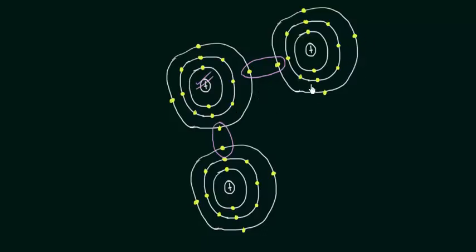We don't have to see for these 2 atoms. We will see for this atom. We will try to have 8 electrons in the outermost orbit of this atom only for now. And you can see we have 1, 2, 3. This electron is shared. 4, 5, 6. Okay, so we have 6 electrons.